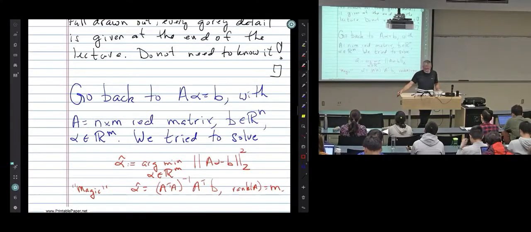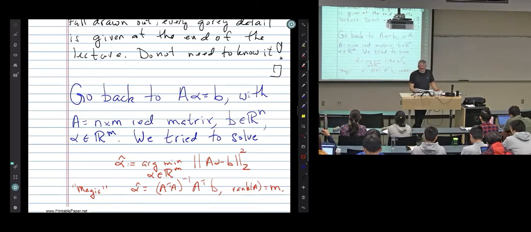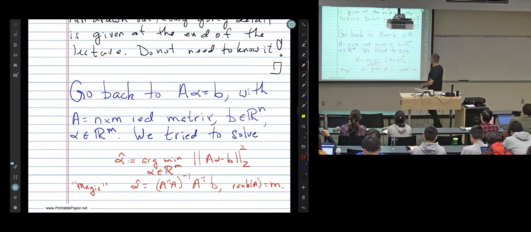If the columns are not linearly independent, what we would need to do is build a basis for the column span. And then the answer would not be unique because I could use different columns to get the same approximation. It would look different, but it would be the same approximation error. So if the columns of A were not linearly independent, what I would do is just remove the dependent columns and rewrite the problem. That's all I would do.